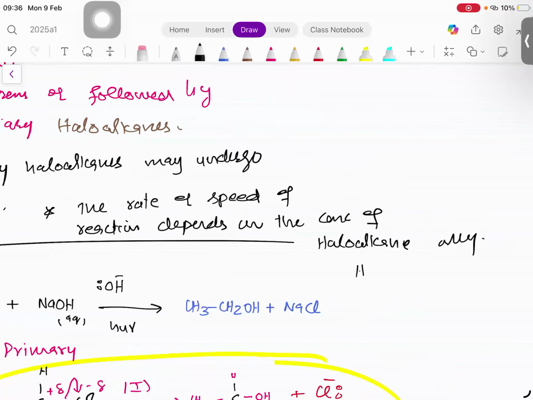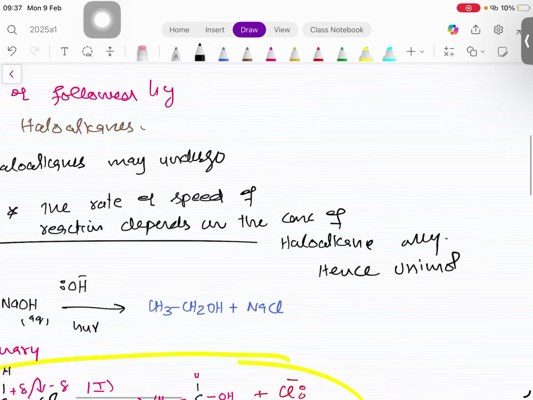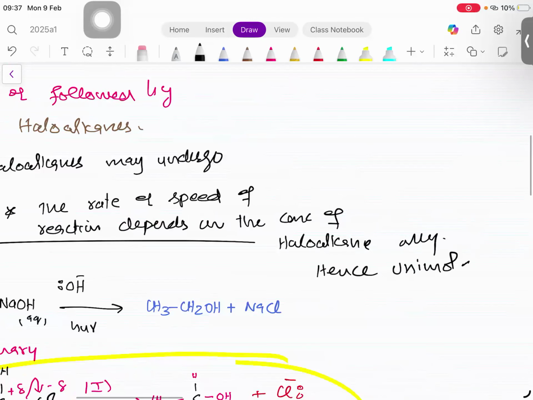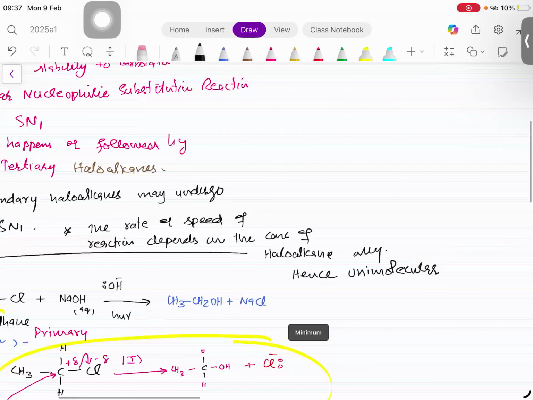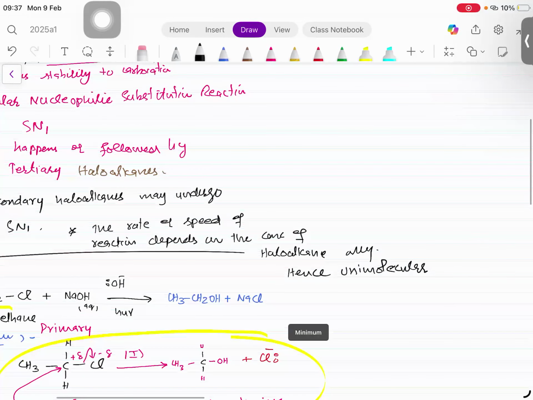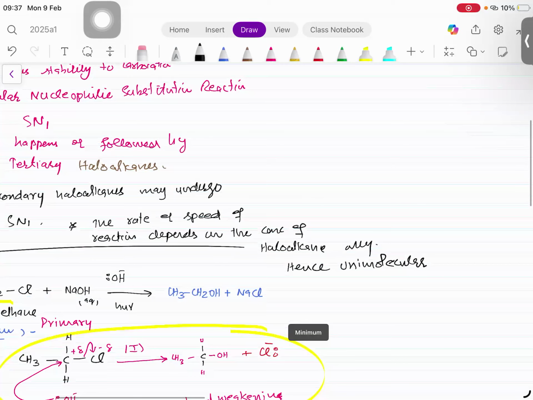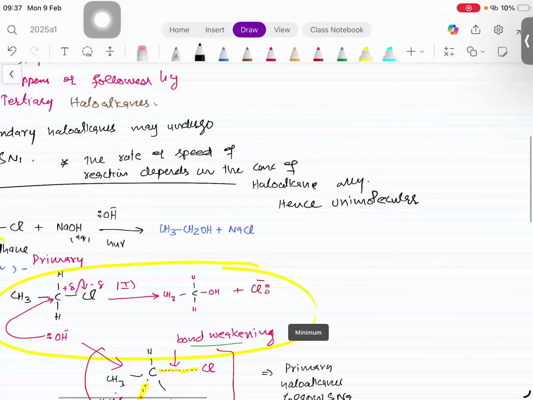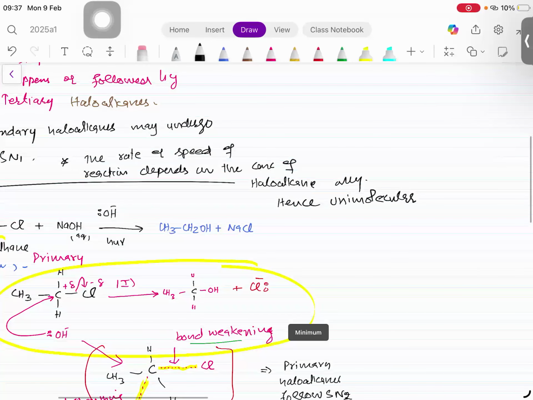Hence we call it unimolecular nucleophilic substitution. Uni means one; unimolecular means one molecule. As in SN1, the rate or speed of the reaction depends only on the concentration of haloalkane. So that's why we call it unimolecular.